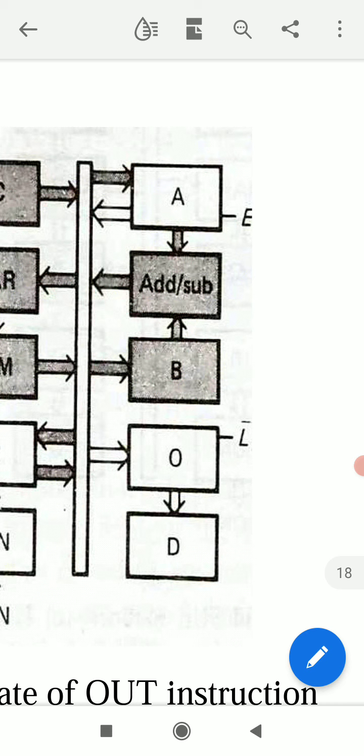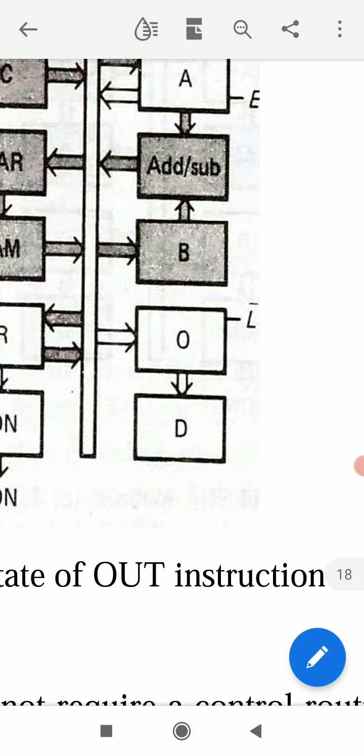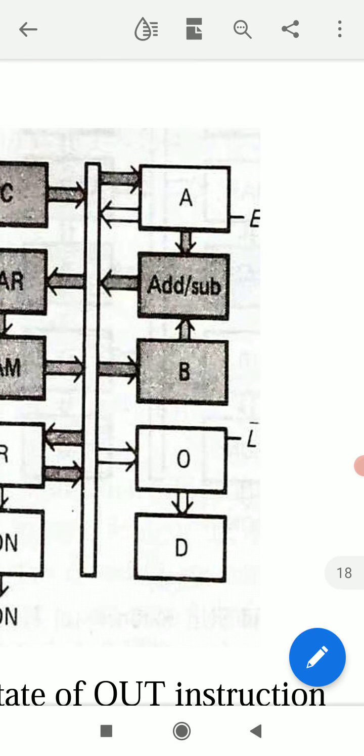When EA is active, the accumulator word which is stored in accumulator A goes to W bus, and from W bus it goes to output register O when LO bar is active. It is not L, it is LO bar. LO means load output. Then output is loaded with the content of accumulator. It is connected to D display where it is displayed.